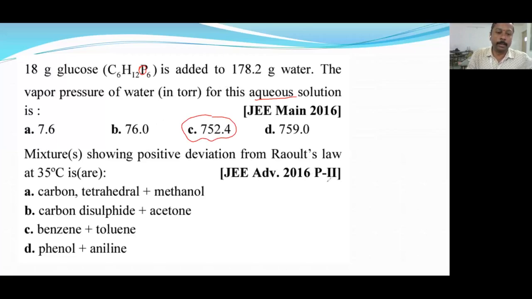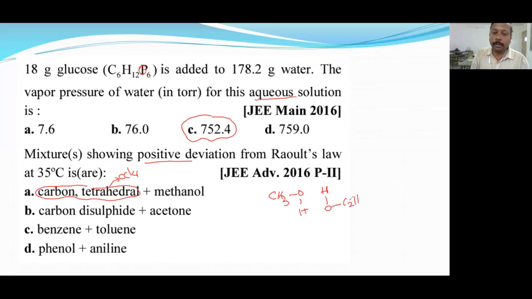Okay, now tell me the next question. Actually, here also one print mistake is there. Carbon tetrachloride, it is not carbon tetrahedral, it is CCl4. So I will tell you how to solve this type of question. Suppose this is methanol, and this is another methanol.